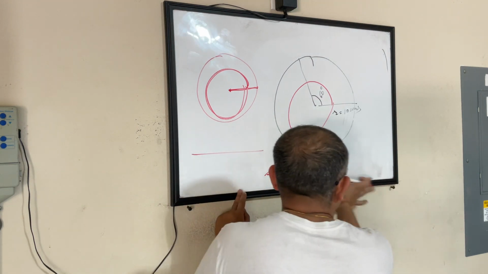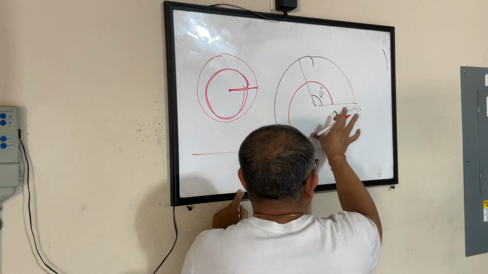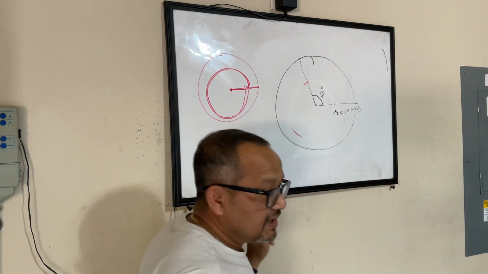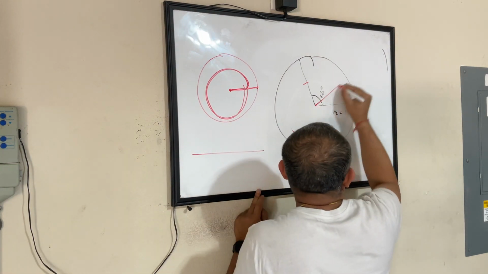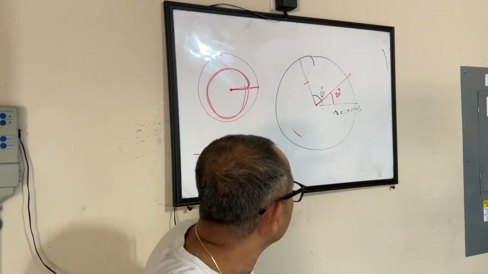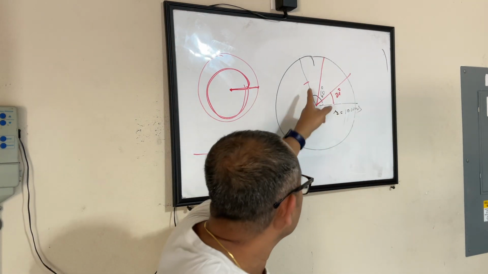Now no matter whether it's 60 degrees, 80 degrees, 40 degrees, you don't really have to worry about it. It's always like a piece of the pie. If you're talking about 20 degrees, you're taking a small piece of the pie or a pizza. If you're talking about 40 degrees, you're taking a little bigger piece.